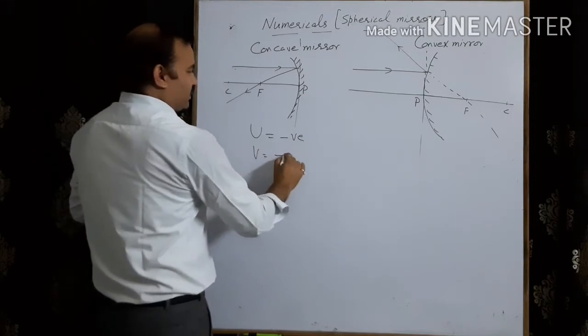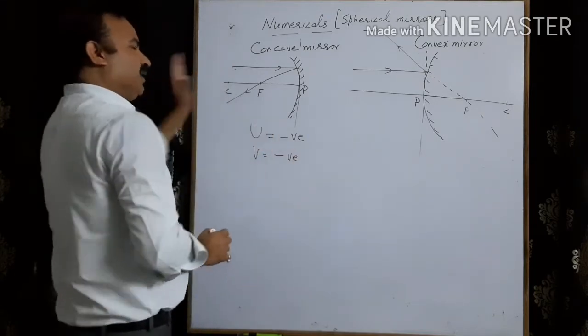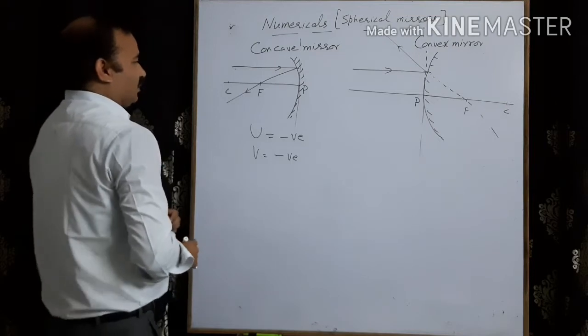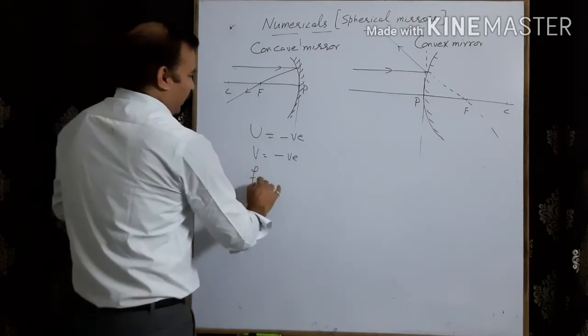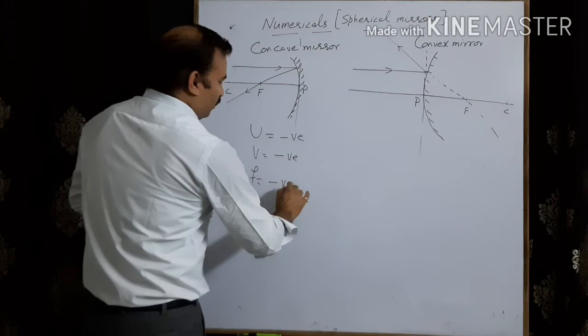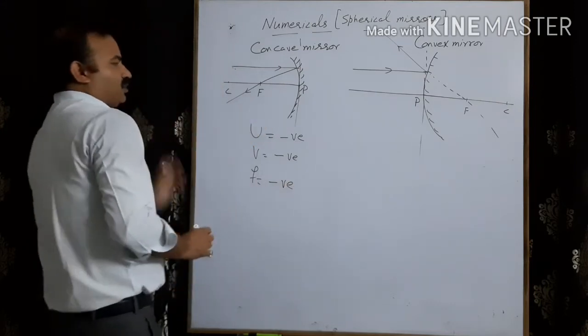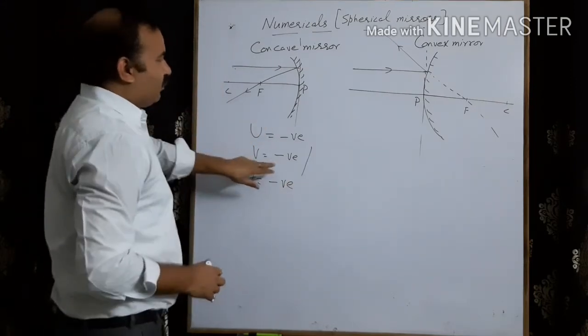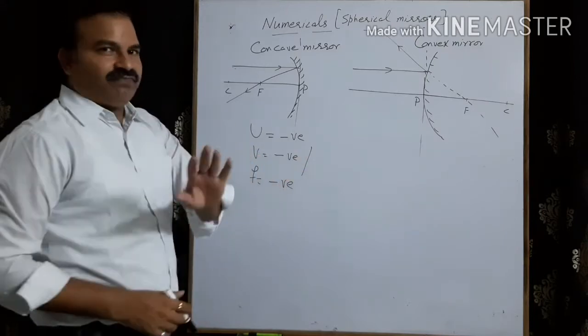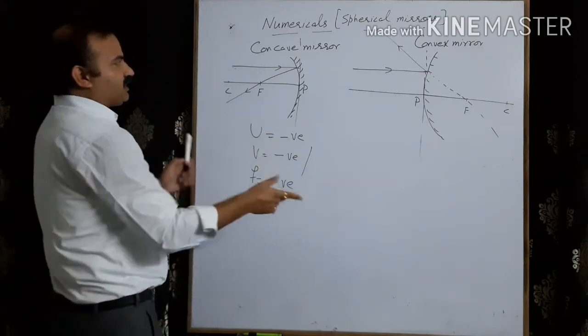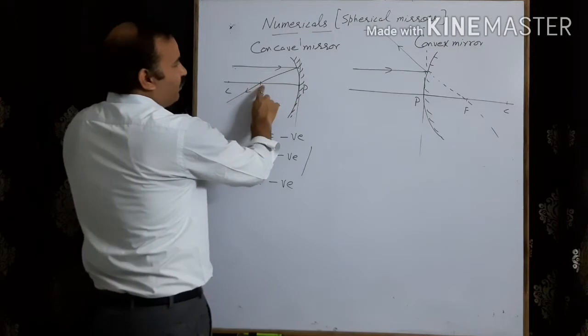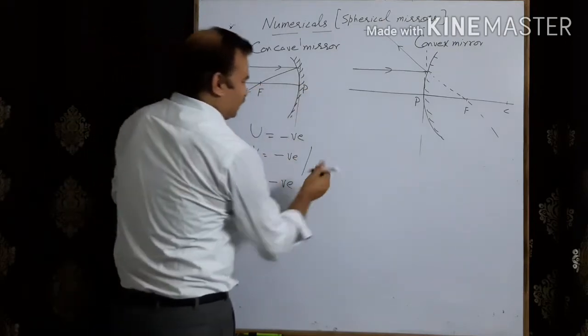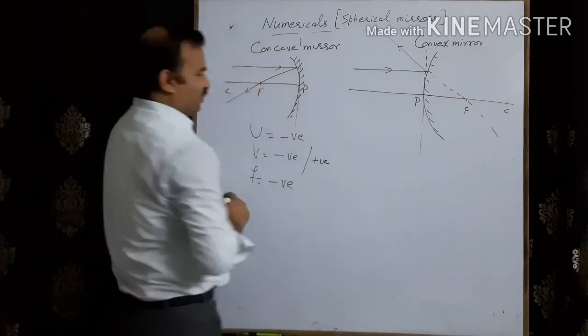V is negative, on the left side. Fine. And F is negative, the focus is also on the left side. V is negative for five cases, and only for the one case where the object is between the pole and the focus, V is positive.